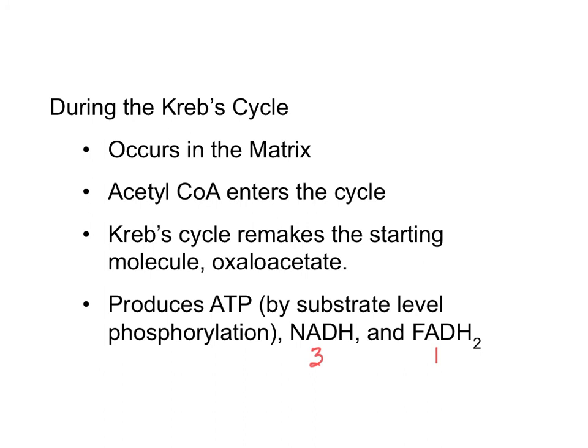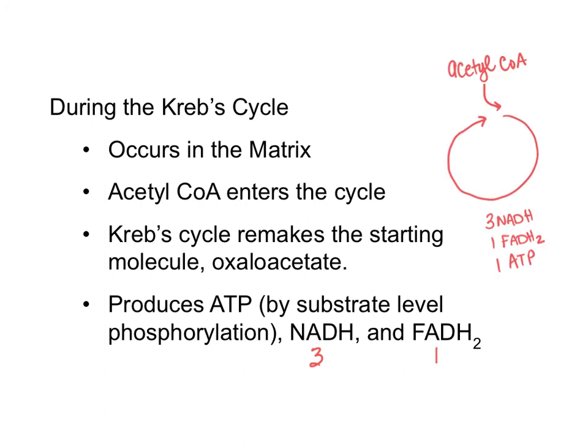In other words, for every molecule of acetyl-CoA, we produce 3 NADHs, 1 FADH2, and 1 ATP molecule. But keep in mind that 2 acetyl-CoAs are produced from 1 glucose.